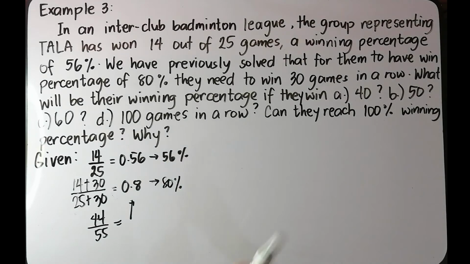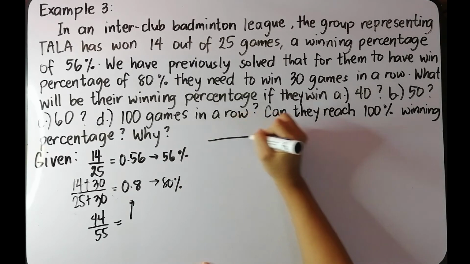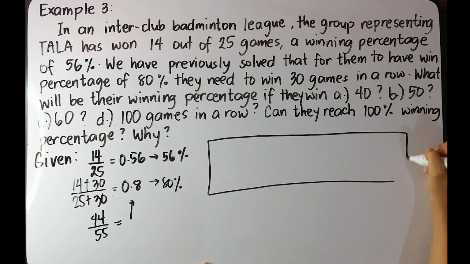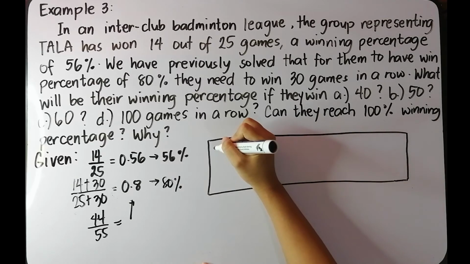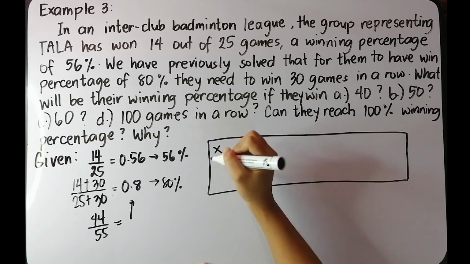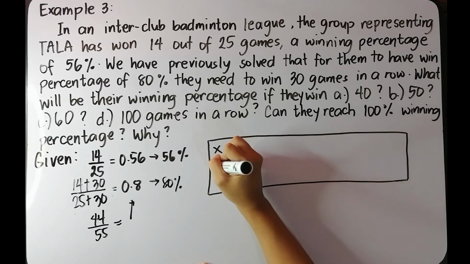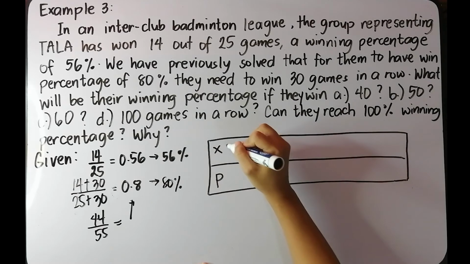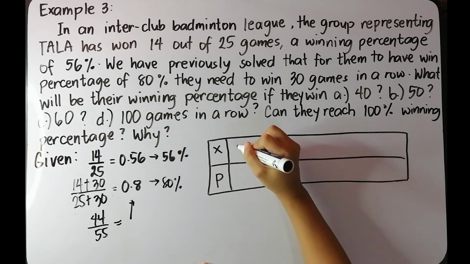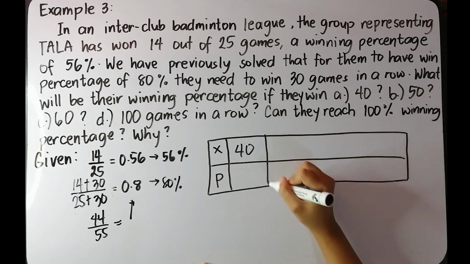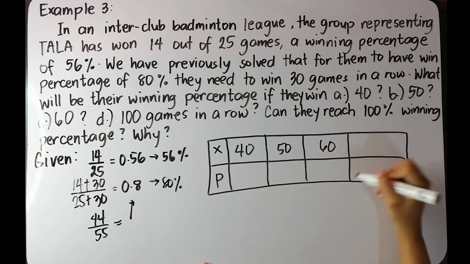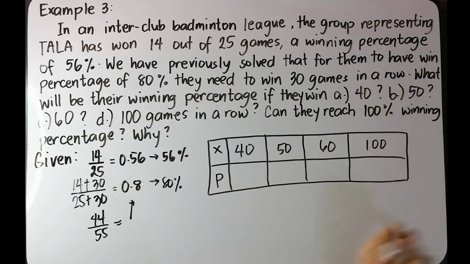So now, we need to know the winning percentage if they win 40, 50, 60, and 100 games in a row. So let's make a table here for us to fill. Let X be the number of games in a row, and P the winning percentage. So we have 40, 50, 60, and 100.